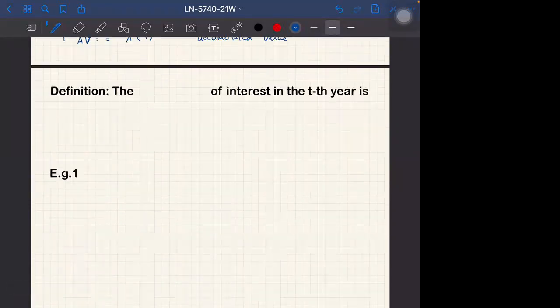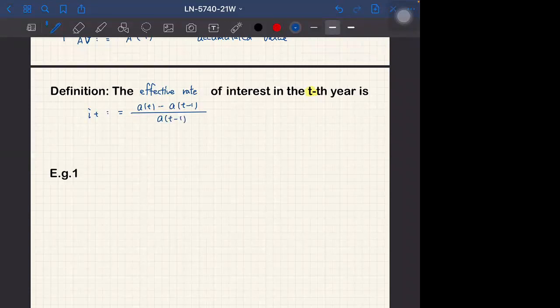Okay, so next, the definition of the effective rate of interest. The effective rate of interest in the tth year is defined by (A(t) minus A(t-1)) over A(t-1).